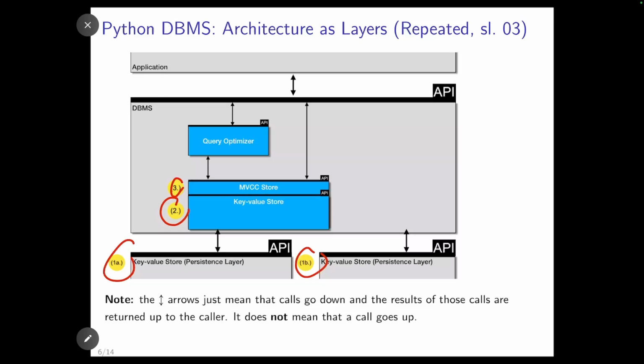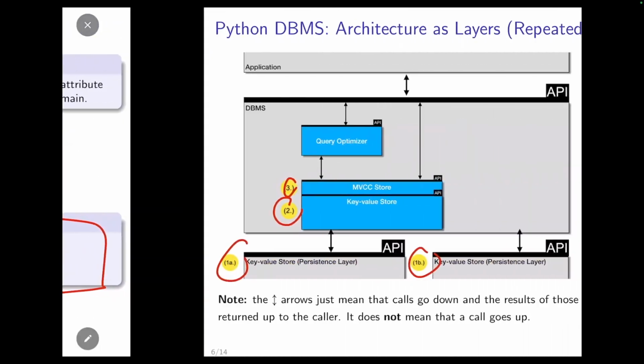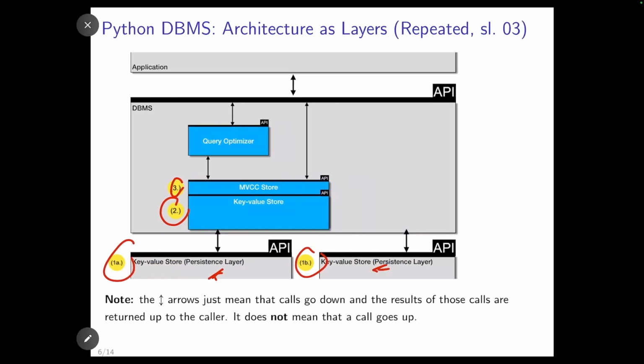So we already had these key value stores. Now we learned that these key value stores are indexes. Those are indexes. So we have an index here, an index here, an index here. The key value store we're using to store data is also an index, and then we extended it to be transactional. That's the MVCC store, that's also an index. So don't worry, I am now adding way more indexes.